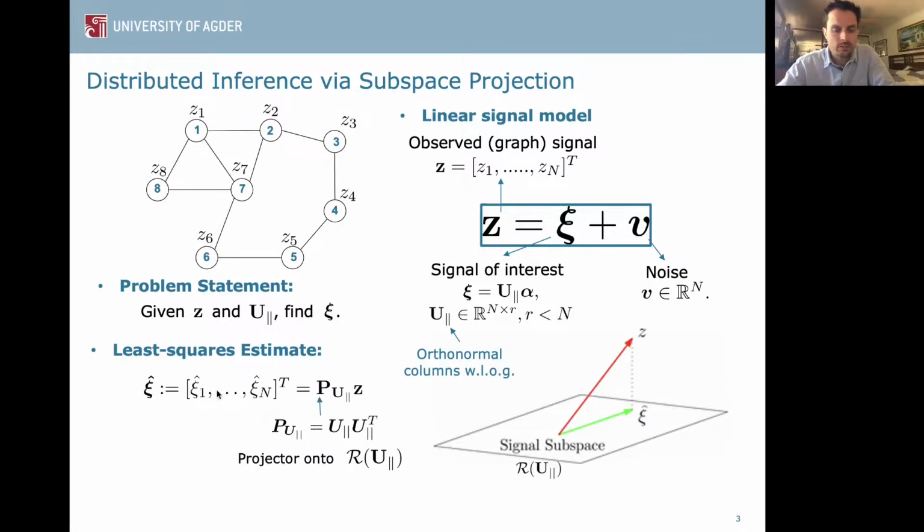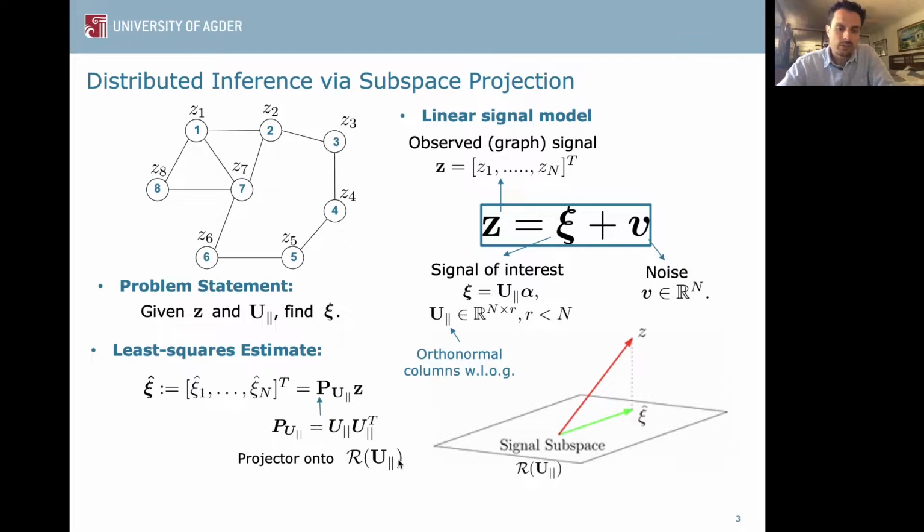So this can be written as this product of the projection matrix and z, where the projection matrix is given by this product here due to the fact that these columns are orthonormal.